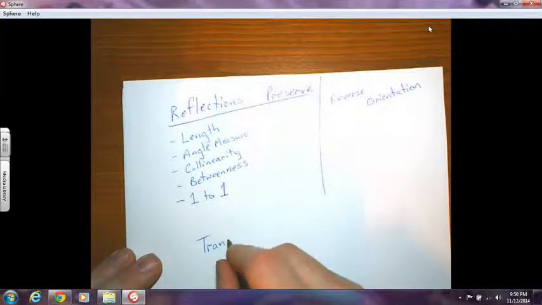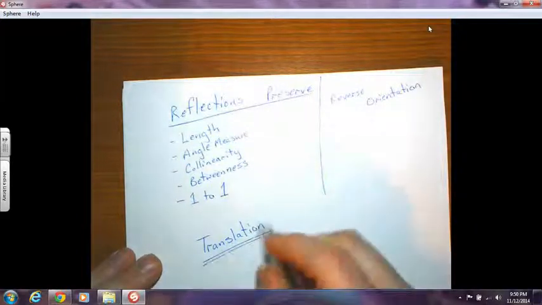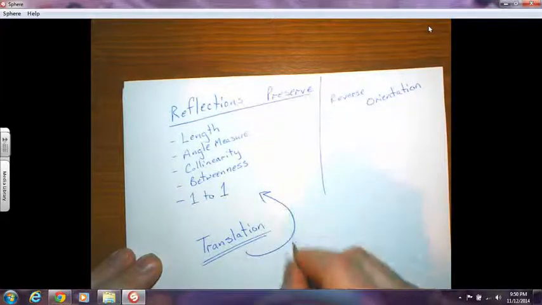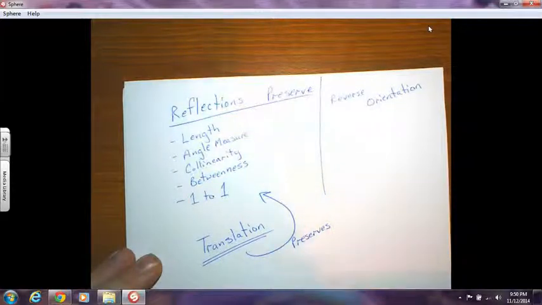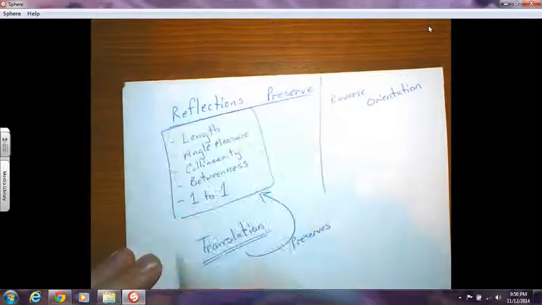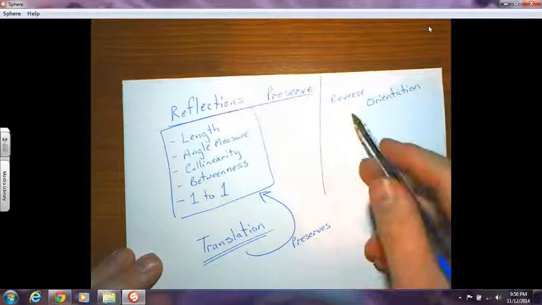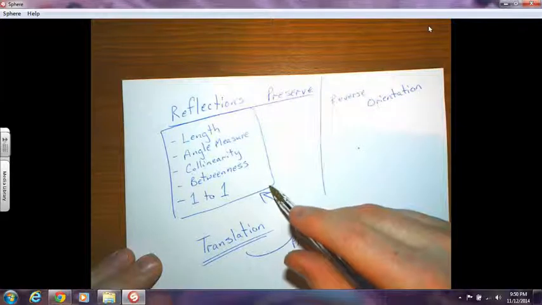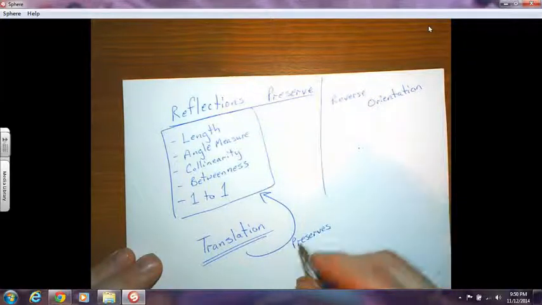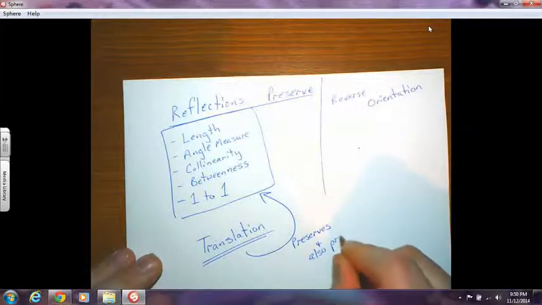So a translation would also preserve all of those. And we also get the nice thing that since we did two reflections, if we reverse the orientation and then reverse it again, we're back to the original orientation. So not only does it preserve these five things, but it also preserves orientation.